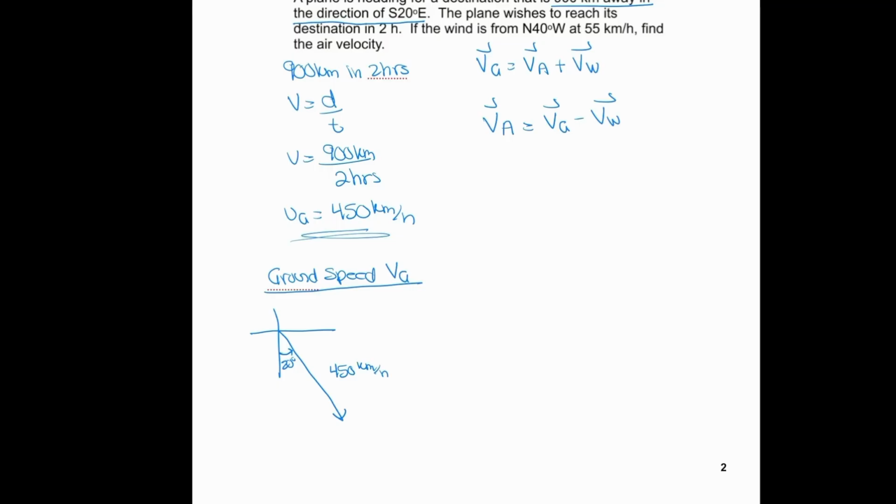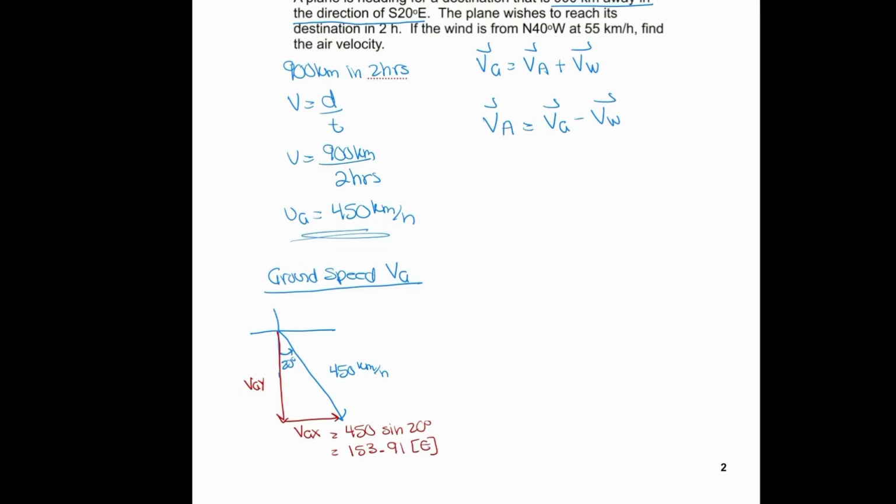I can break this into its x and y components. Here's my y component, the velocity of the ground speed in the y direction, and here's my ground speed in the x direction. In the x direction, it is 450 sine 20 degrees, which gives me 153.91 heading directly east.